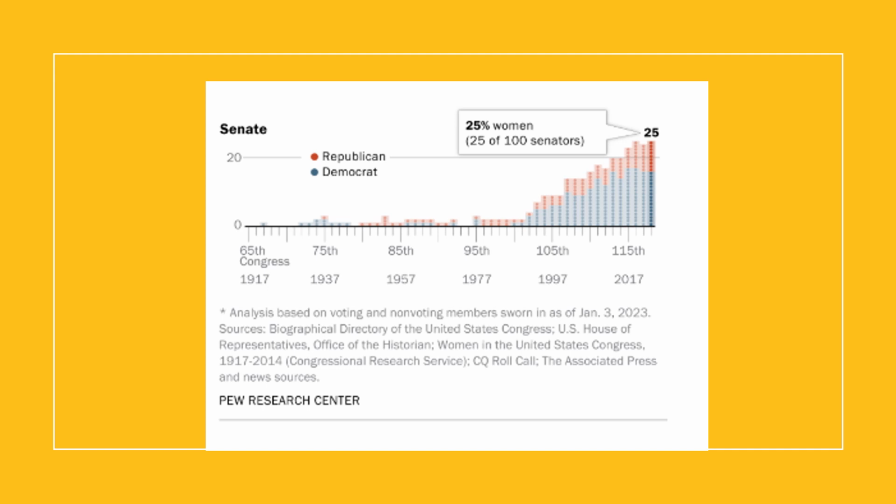Now let's look at the U.S. Senate. The U.S. Senate has shown a similar pattern, but not similar in magnitude. So we see that between 1917 and 2017, in that 100-year period, there has been a significant increase in the number of women securing Senate seats, but the big increase didn't happen until the 1990s.